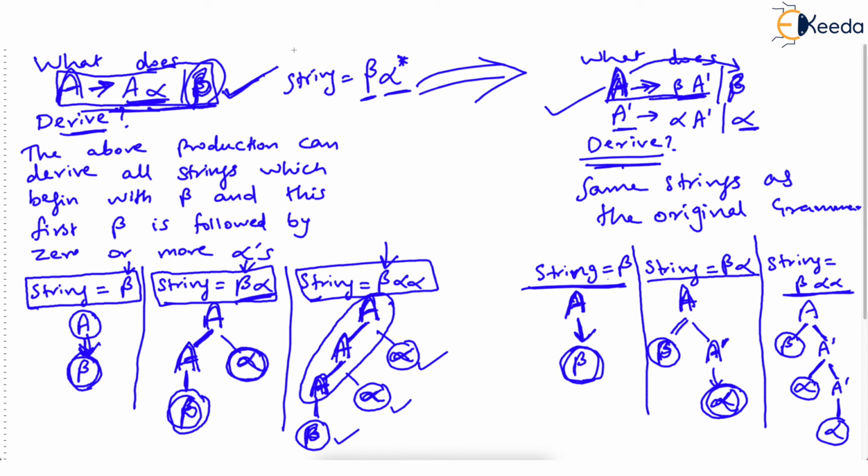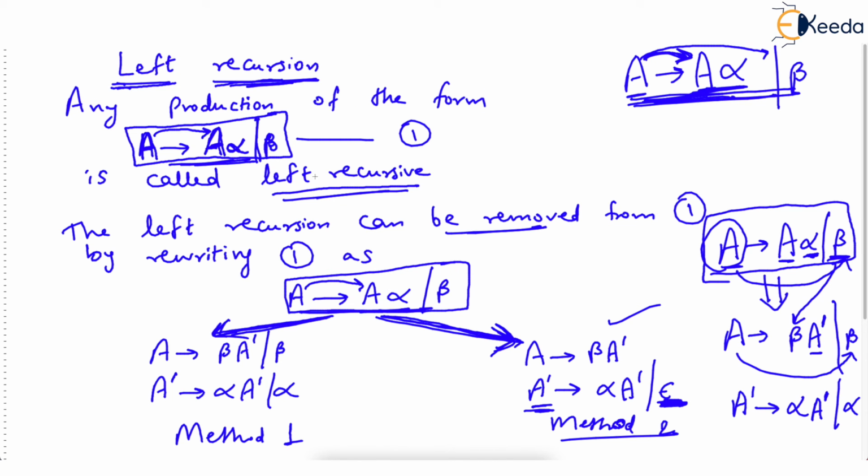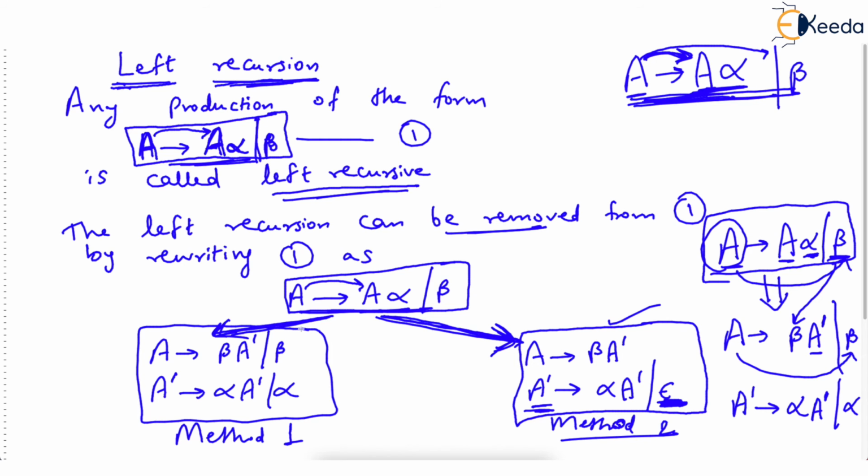Okay. Now, once we have known how to remove left recursion, by the way, just to remind you, this is another way of removing left recursion, which includes an epsilon production. You will see this is also shorter in size as compared to this left hand side. But we will rewrite the left recursive grammar using method 1 instead of the epsilon production, as I said.